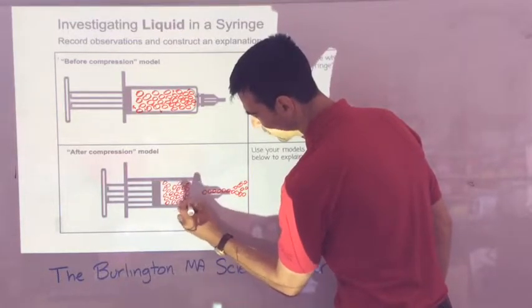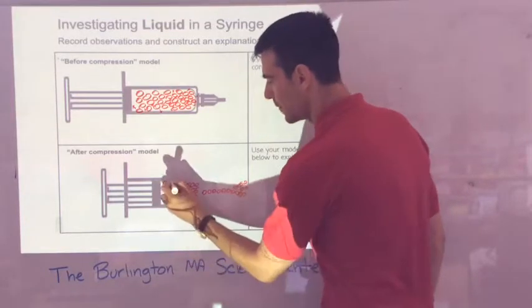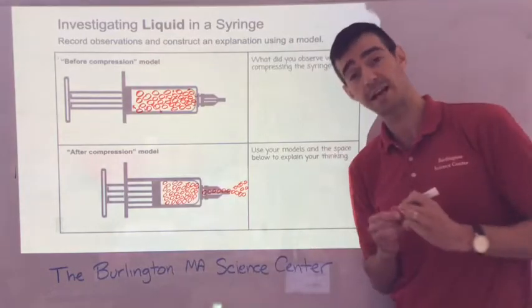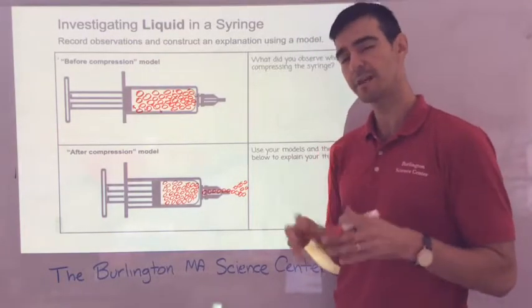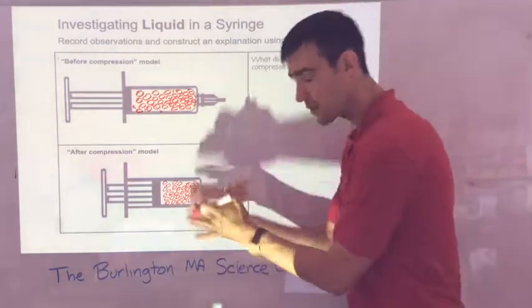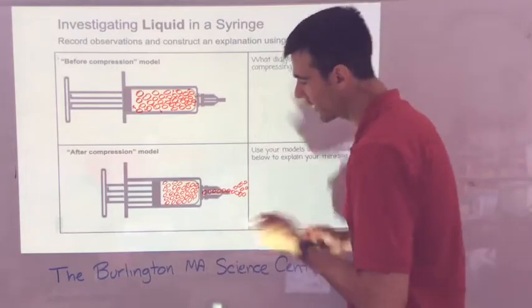So what's important in our liquid model is that the matter is much more tightly packed than the gas model, but unlike solids, they are a little bit more disorganized because they are ultimately flowing around one another.